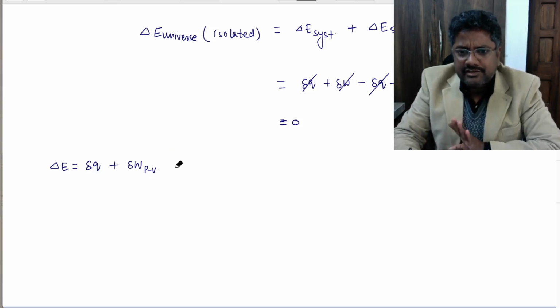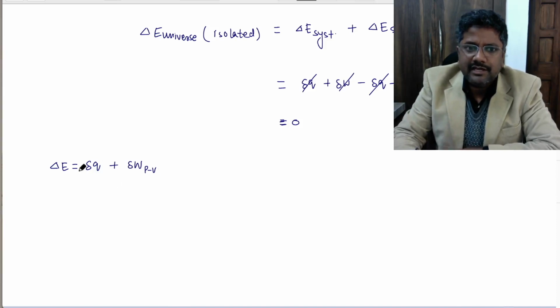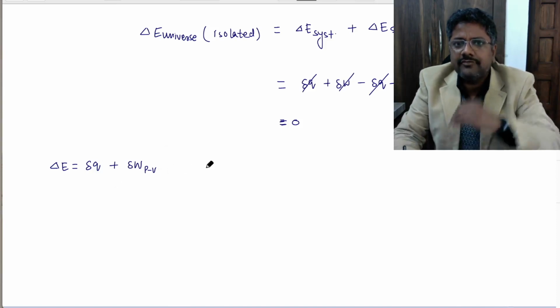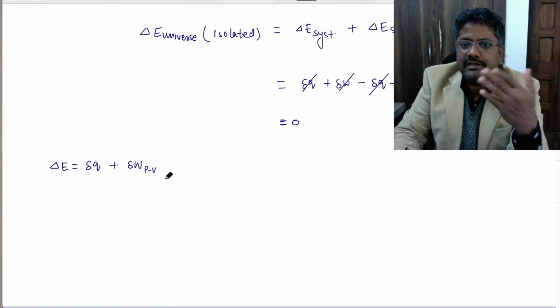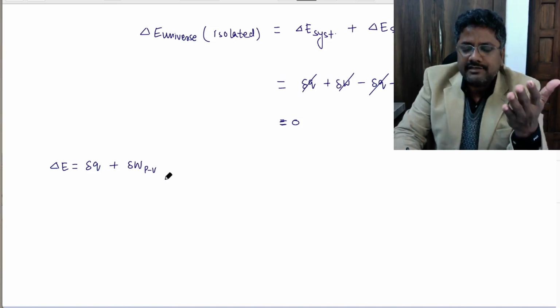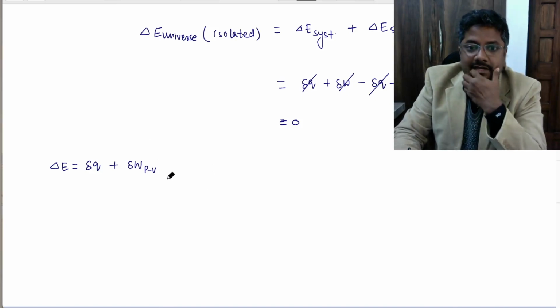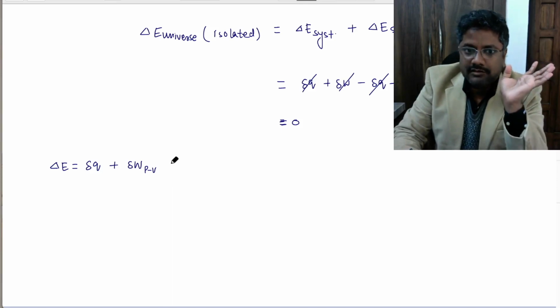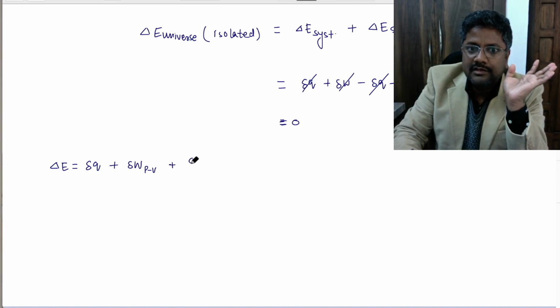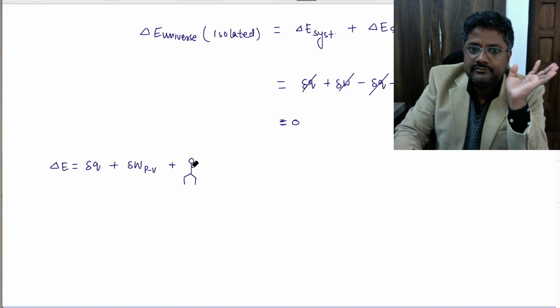And as a general statement, if some other work along with this PV work is happening inside the system, then we can also write that work here. Not only PV work, but any kind of work. So I am putting one more type of work in the thermodynamics first law, right?